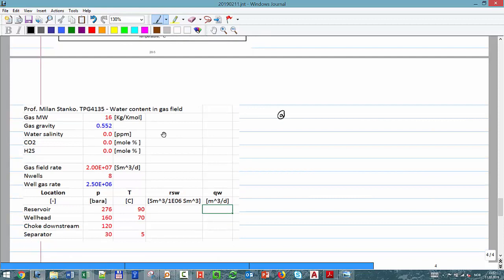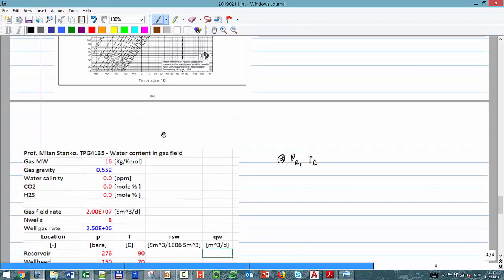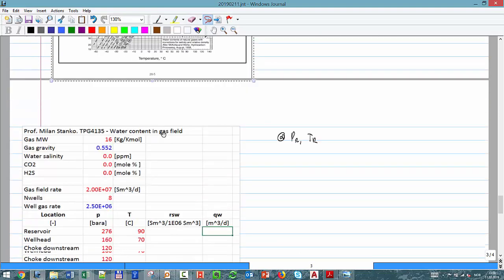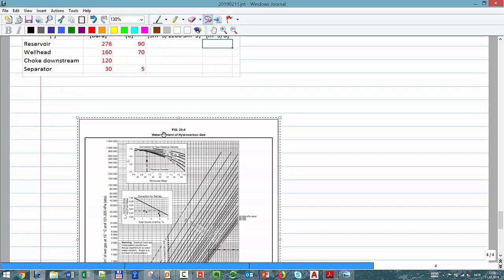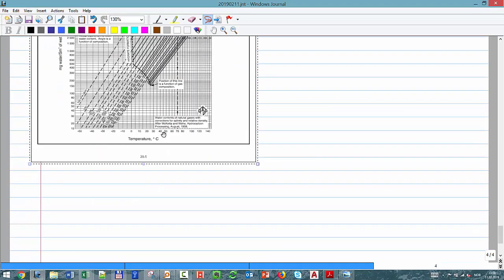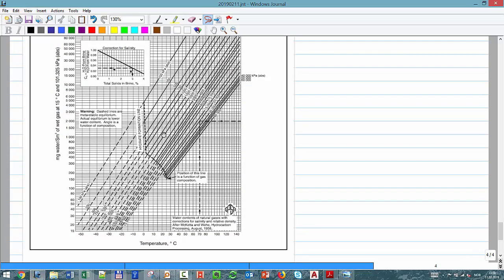And so at P reservoir and T reservoir, how much do I get? So you go on the chart. I think I have to make it bigger. You can do it, and you can also help me if I make a mistake with the chart you have in your hand. So you see 90, here we have 80, 85, 90, 95. So 90 is exactly here.